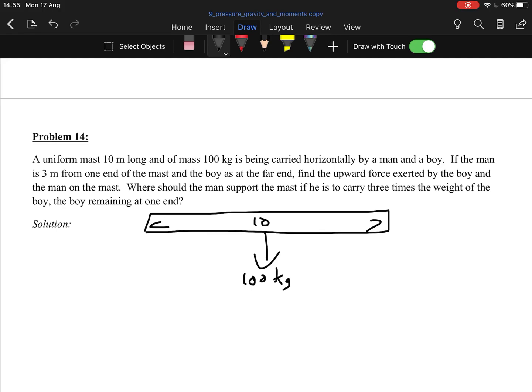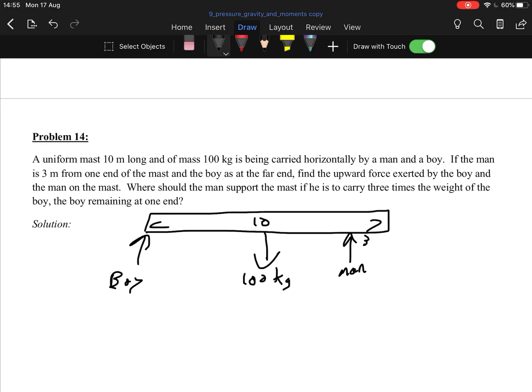If the man is 3 meters from one end and the boy is at the far end, so we're going to put the boy here, and I'm going to have the man here. That's 3. Find the upward force exerted by the boy and the man on the mast. And where should the man support the mast if he's to carry 3 times the weight of the boy, the boy remaining at one end?